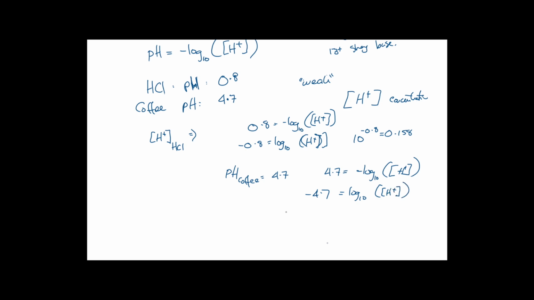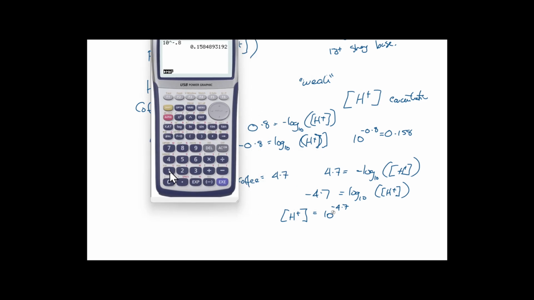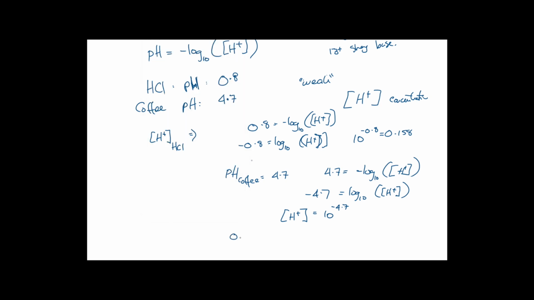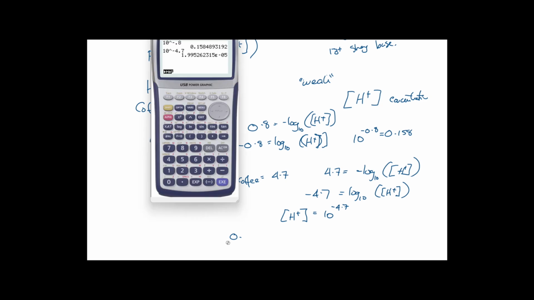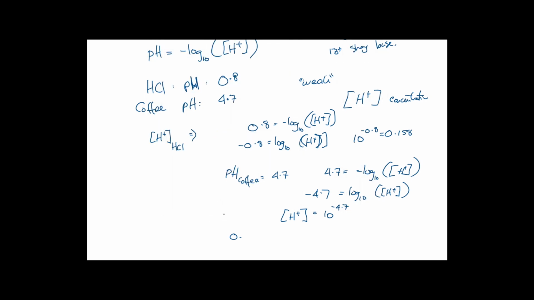So that means that the concentration, that is how acidic the coffee is going to be, is 10 to the power of negative 4.7, and that's going to be a tiny number. Okay, that's going to be 0.000001995.